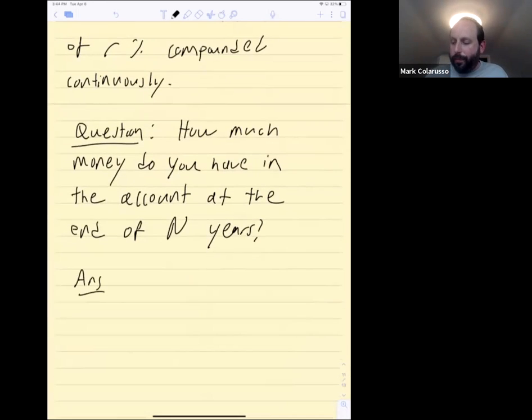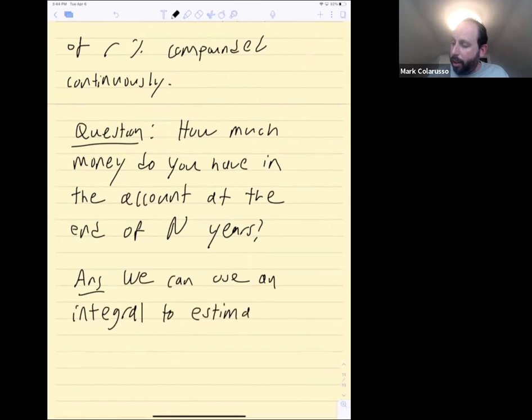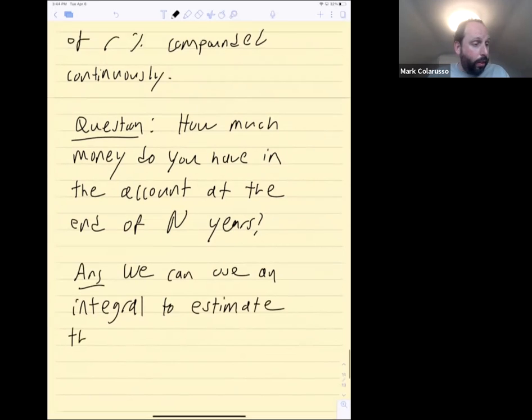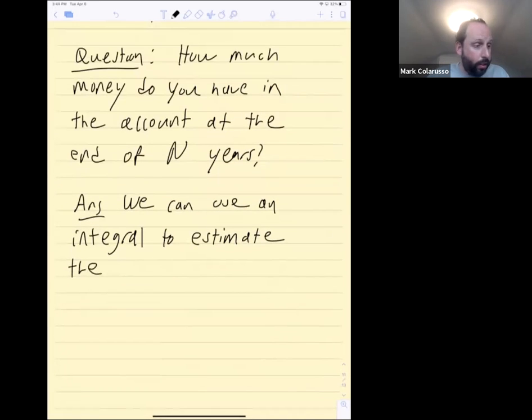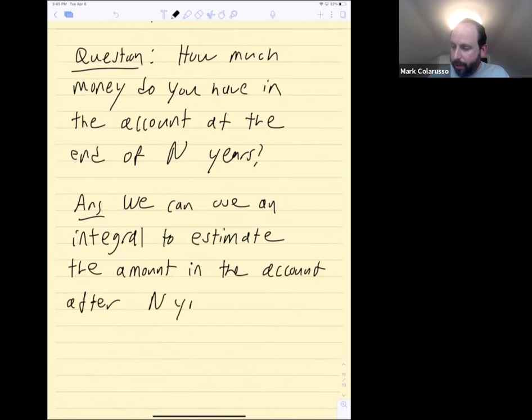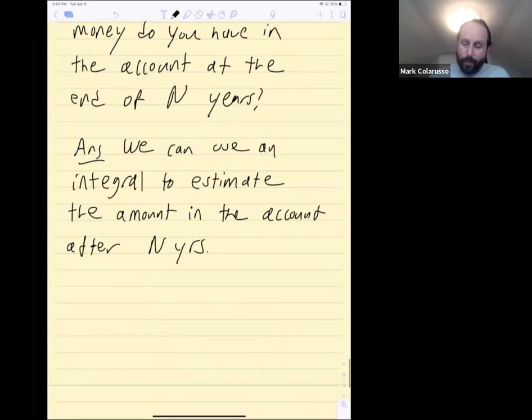We can use an integral to estimate the amount in the account after n years. But this is only an estimate.